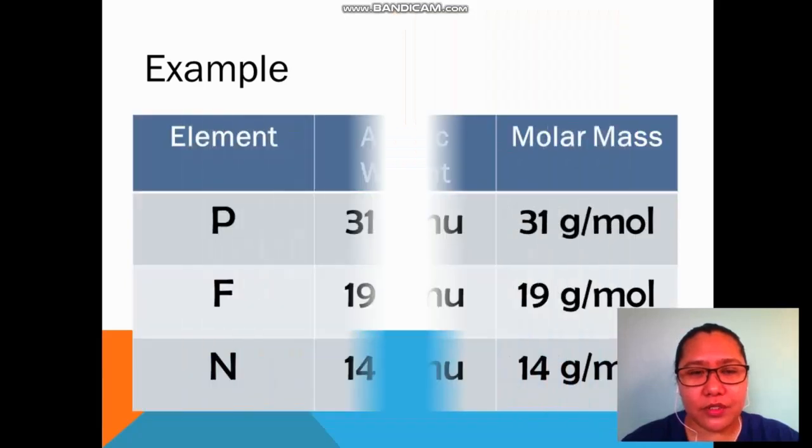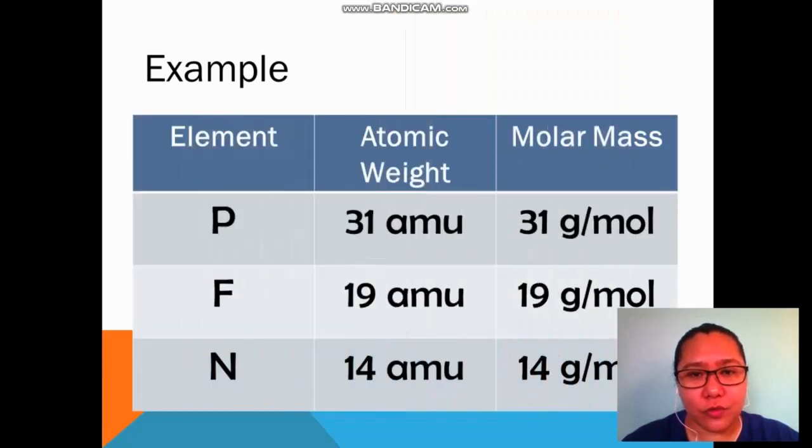Other examples that we have: phosphorus, whose atomic weight is 31 atomic mass units, with a molar mass of 31 grams per mole. Fluorine has 19 as its atomic weight and 19 grams per mole as its molar mass.